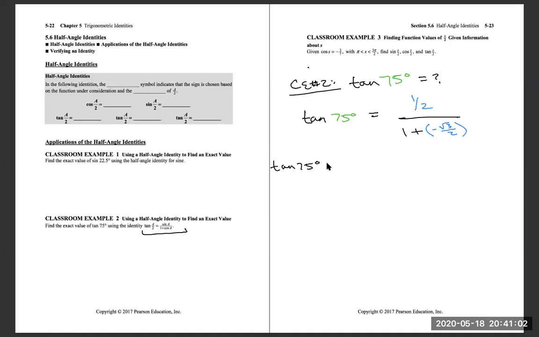Tangent 75 degrees is equal to 1/2 divided by, with the LCD on the bottom being 2, 1 becomes 2 over 2, and you will now be subtracting root 3 over 2.